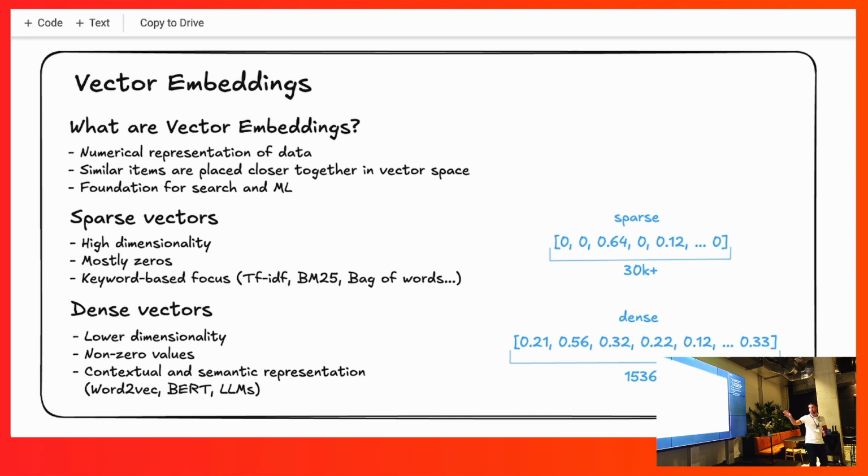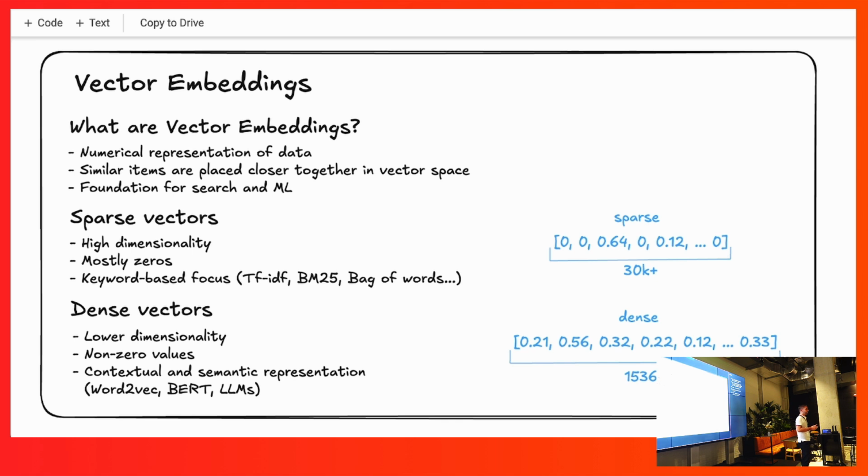We have sparse vectors that are usually produced by statistical algorithms like TF-IDF, bag of words, BM25, and something like that, and they have high dimensionality because the dimension of these vectors matches the vocabulary size.